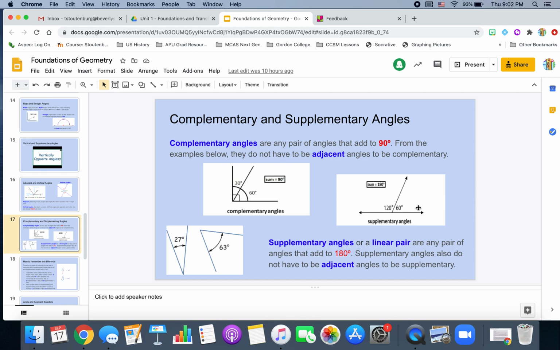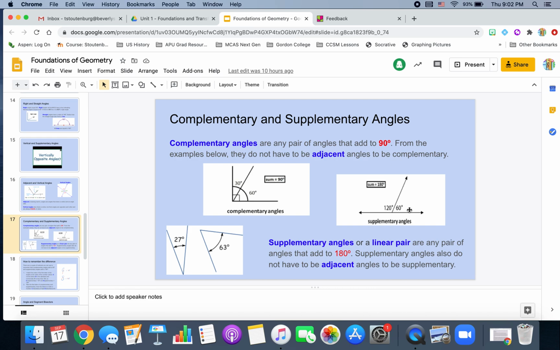And similarly, I can have two angles that are adjacent or non-adjacent, but what makes them supplementary is that they add to 180 degrees. So here I have 120 plus 60, that gives me 180. Again, this particular example shows that those angles are adjacent, but they don't have to be.